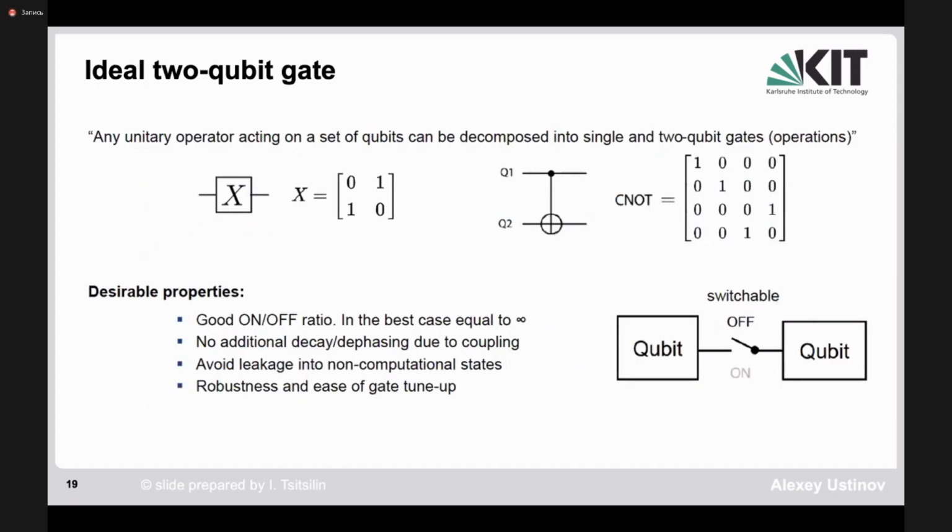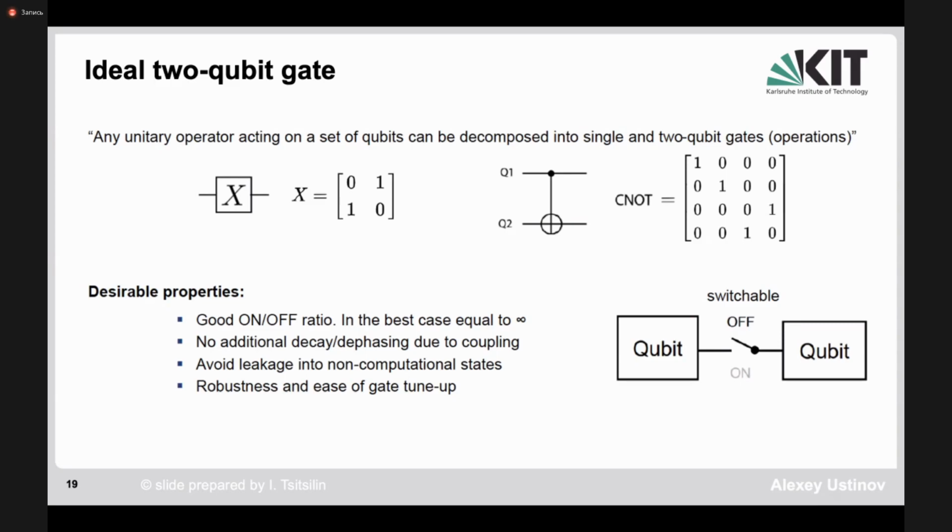Now, an ideal 2 qubit gate requires that you apply an operator acting on the qubits only when you want. So you would like to have the following properties of the 2 qubit gates. You want to have this gate either on or off. If you don't want to have this gate, it has to be switched off. You need some kind of switch for that. You don't want to introduce any parasitic coupling, so dephasing due to applying the gates.